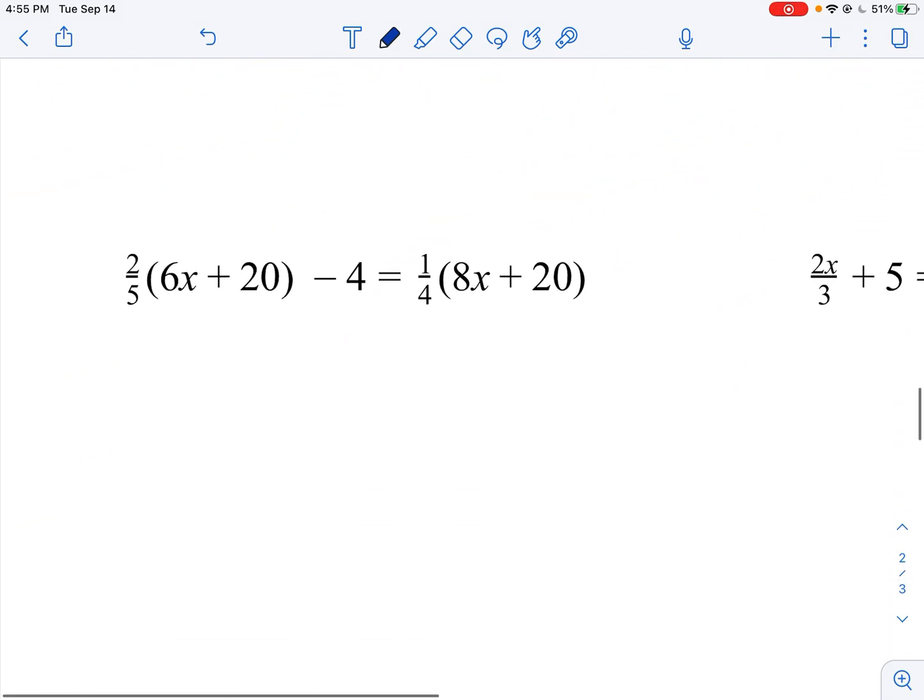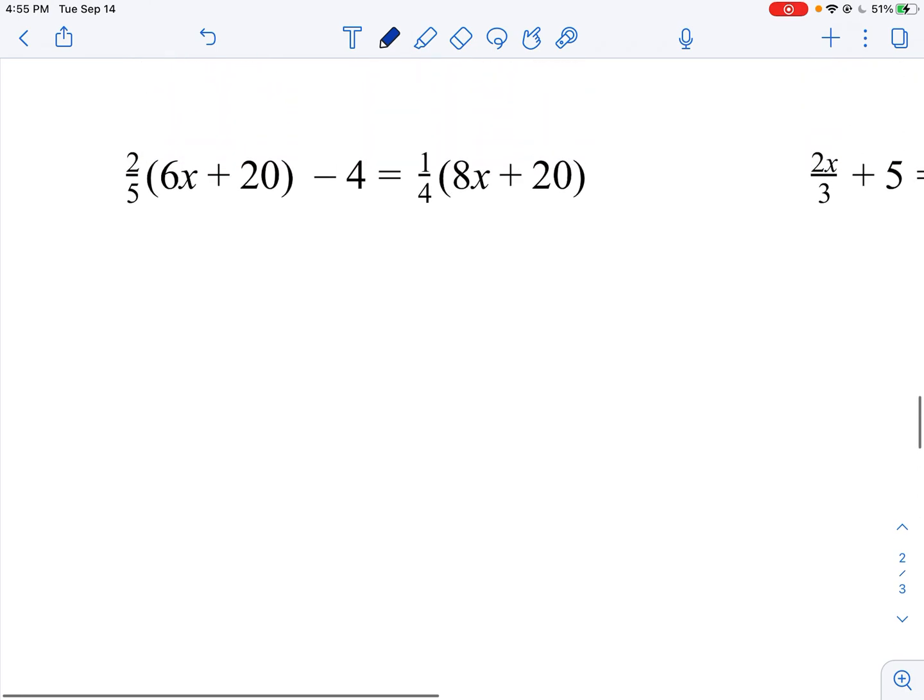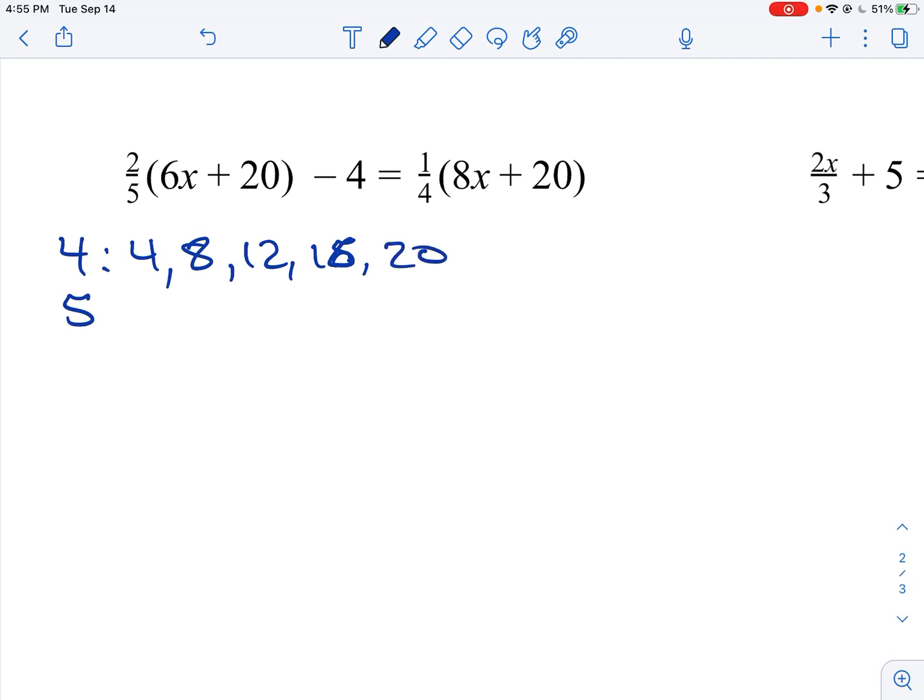Okay. So my two denominators are 4 and 5. By the way, you could just multiply these two numbers together. 12, 15, 16, and 20. Oh, 5 goes into 20. 5, 10, 15. Look at that, 20.